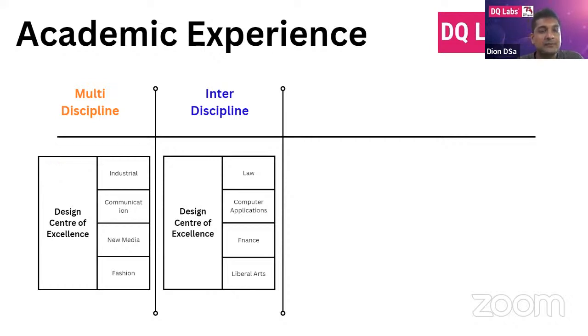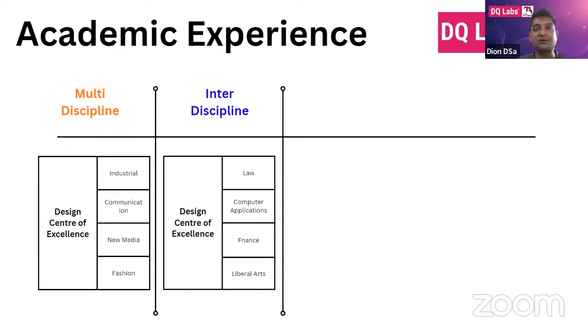Now, is there anyone in this audience, and you can type this out, all right, who would say, I like design, but I also like law. I like design, but I also like computers. Maybe if you can type in that, right?